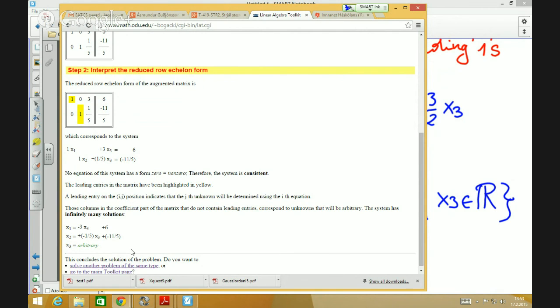So for instance, if x3 is 1, x1 should be 3. If x3 is 2, x1 will be 0, and so on. So this expression here describes all of the possible solutions. There are infinitely many because x3 can be an arbitrary real number.